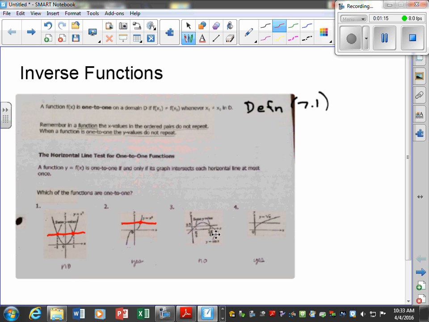Over here, number 3, you can see two places, so it would say no, and here, if I do a horizontal line, one time, so yes, 1 to 1. So basically, a function y equals f of x is 1 to 1 if and only if its graph intersects each horizontal line at most once. Okay, so that's just a reminder from algebra.